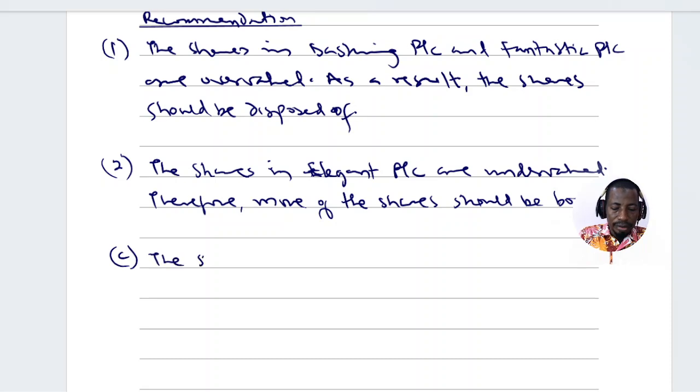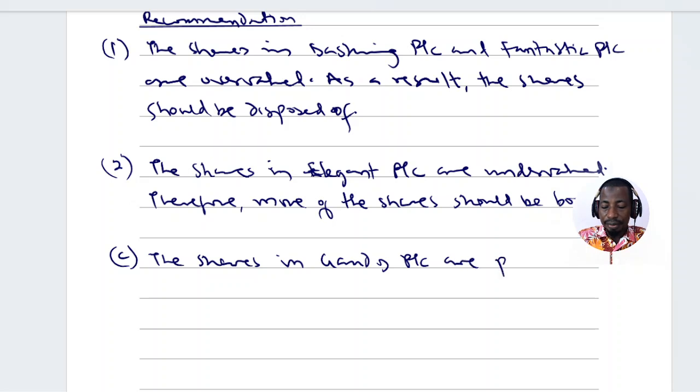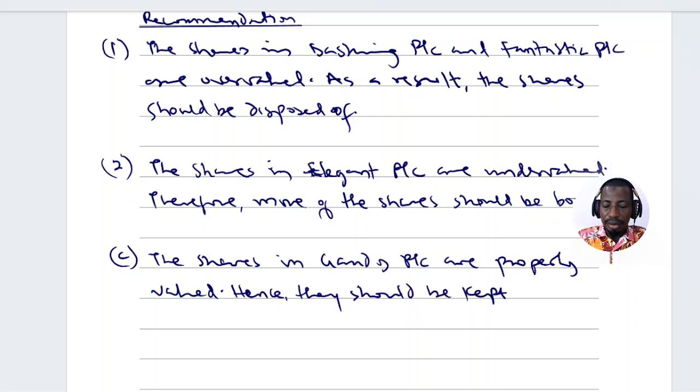Then number 3, the shares in Gaudy PLC are properly valued. Hence, they should be kept until the price increases so that they can sell and make more profits.